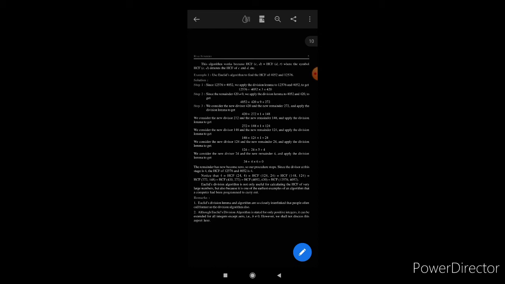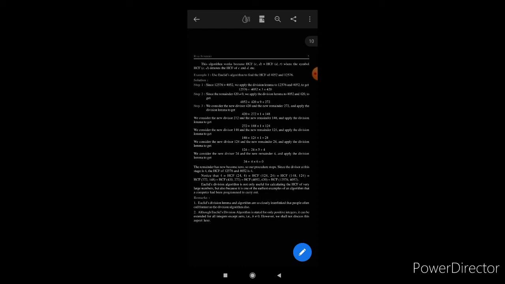We consider the new divisor 420 and the new remainder 272 and apply the division lemma to get 420 is equal to 272 into 1 plus 148. We consider the new divisor 272 and new remainder 148 and apply the division lemma to get 272 is equal to 148 into 1 plus 124.